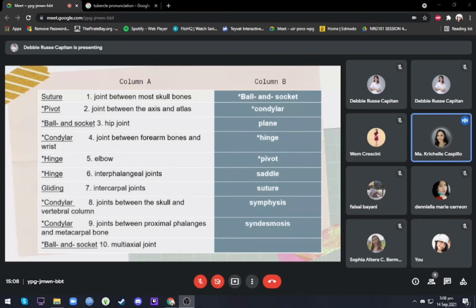Six, interphalangeal joints is hinge. Seven, intercarpal joints is gliding. Eight, joints between the skull and vertebral column is condylar. Nine, joints between proximal phalanges and metacarpal bones is condylar. Ten, multi-axial joint is ball and socket.